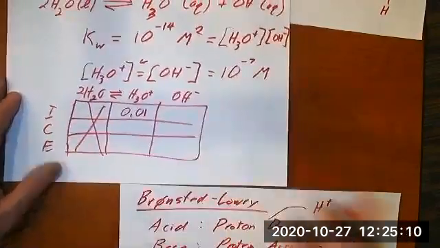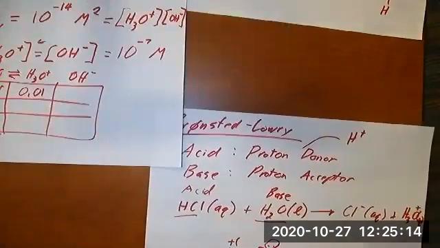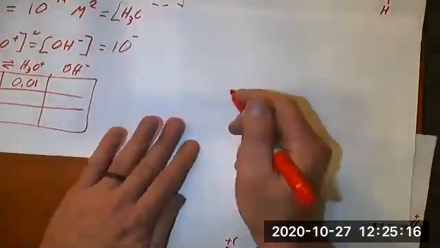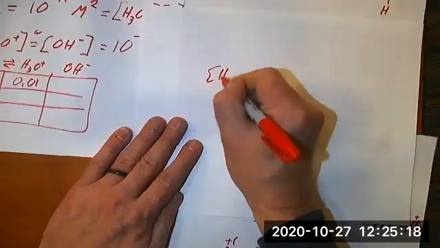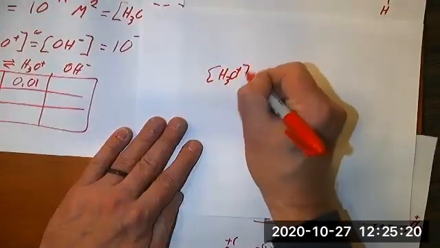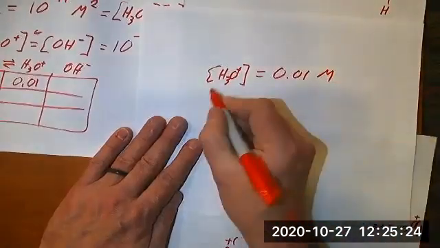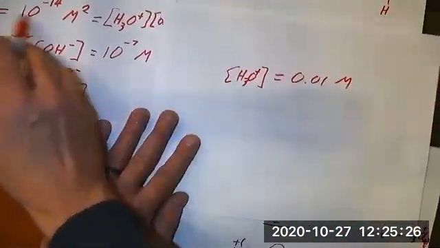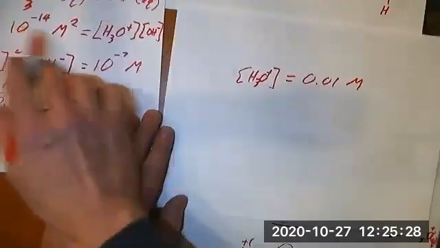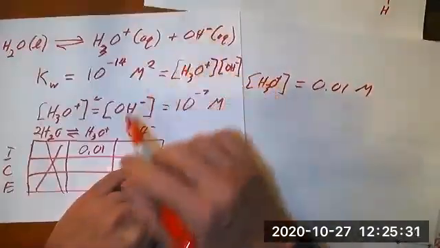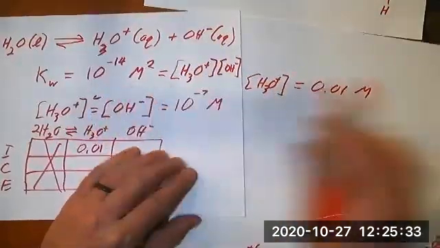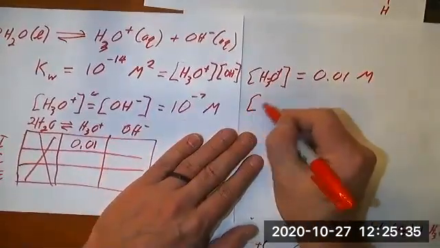Actually, we don't even need to draw this out as an ice table. Let's just look at it as we make our hydronium ion concentration 0.01 molar. We can then simply take our Kw here to determine the hydroxide ion concentration.